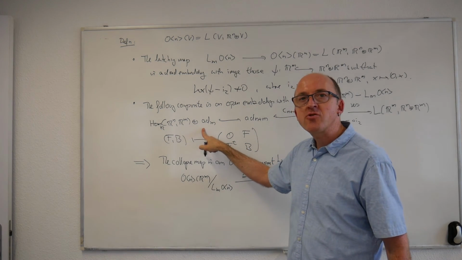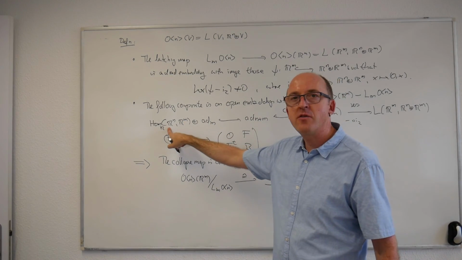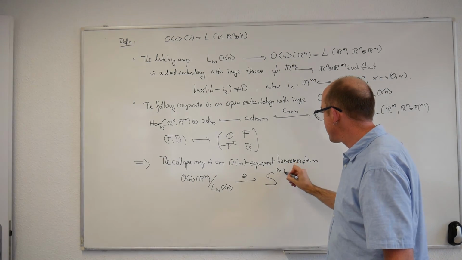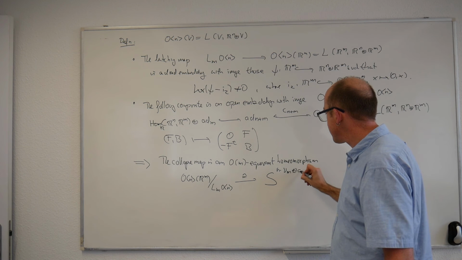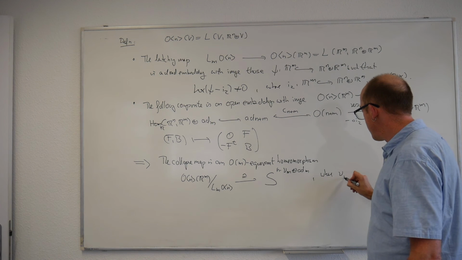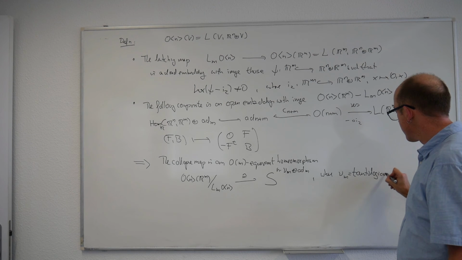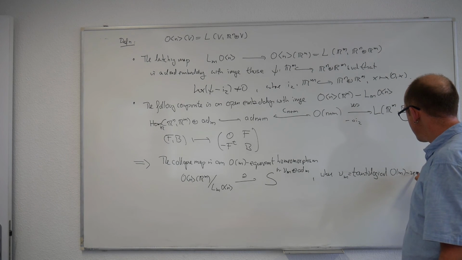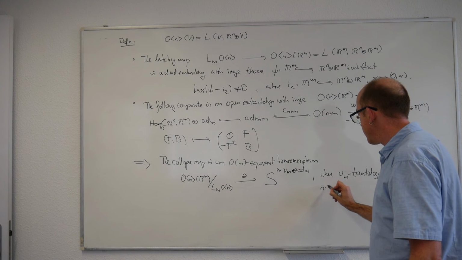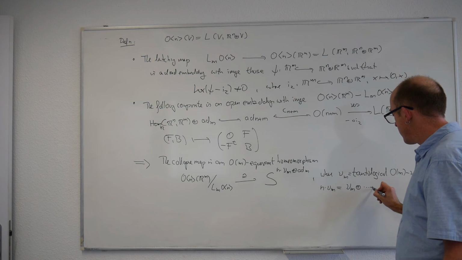Now, because we're only keeping track of the O_m action, which comes from this m and from this m, but not of the O_n action, I can write this also as n times ν_m plus ad_m, where ν_m is the tautological O_m representation on R^m, and n times ν_m is just an n-fold direct sum of copies of this.